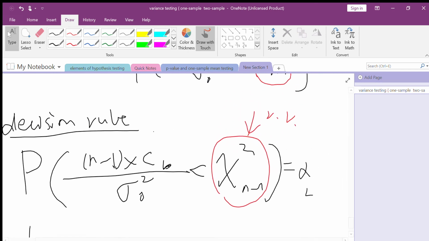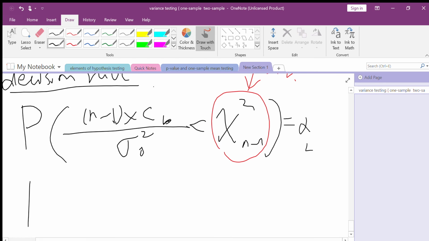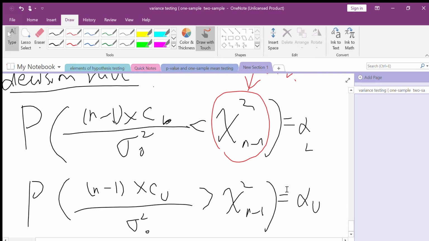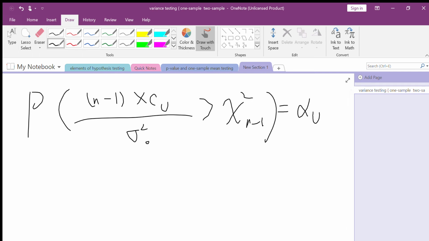And the probability with the right endpoint of the acceptance region, cU, equals alpha U, and we need alpha L plus alpha U equals alpha.